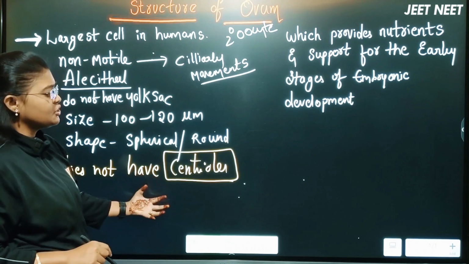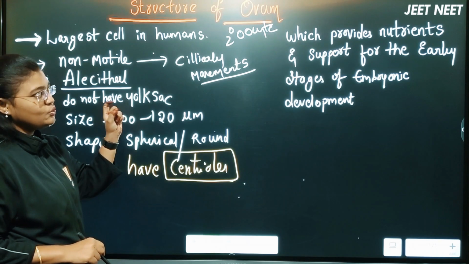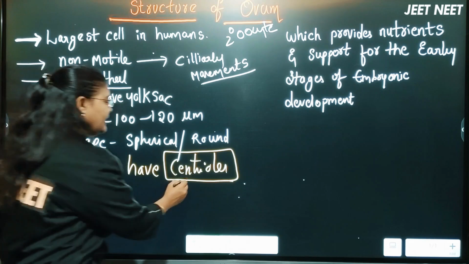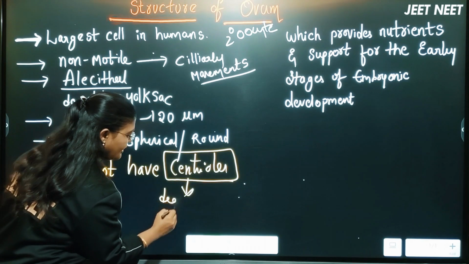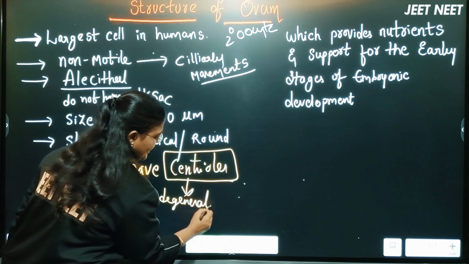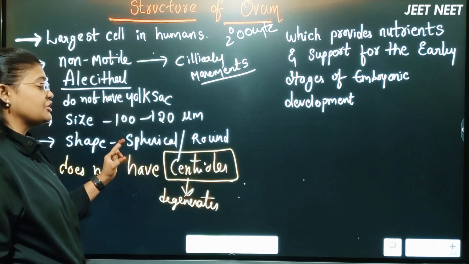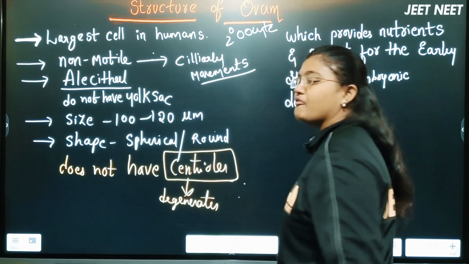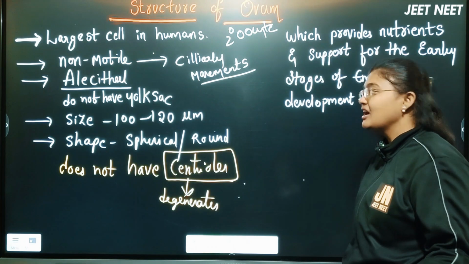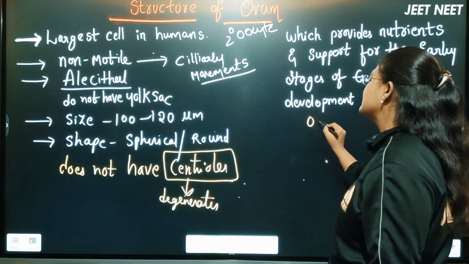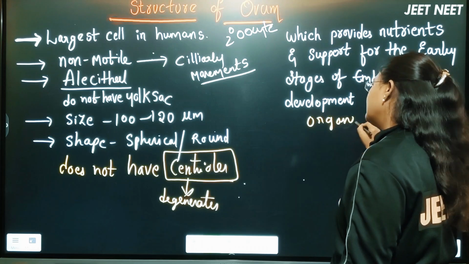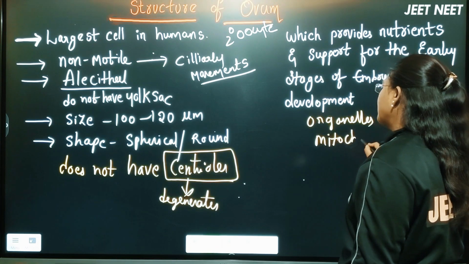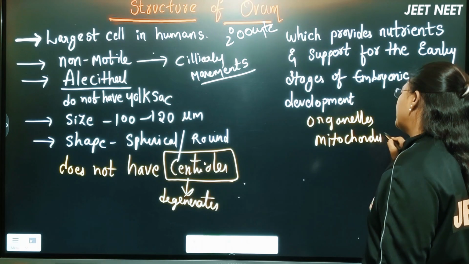Why, ma'am? Why will the centrioles not be there? When the secondary oocyte structure is forming, there is a formation of centrioles, but later these centrioles degenerate, right? The female ovum does not have centrioles. The reason is that it needs to provide space for the organelles present in the ovum, and majorly for the accommodation of the mitochondria.